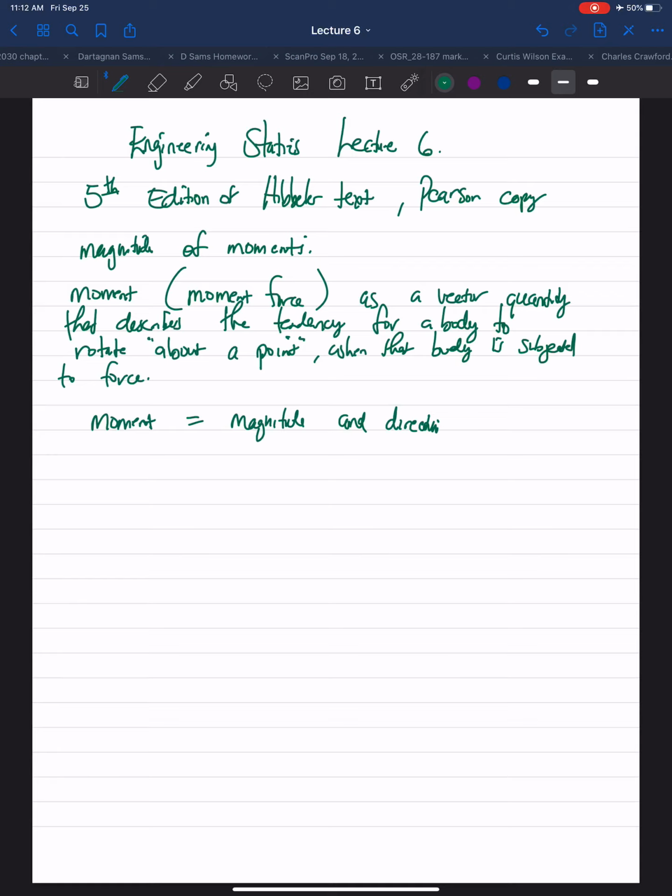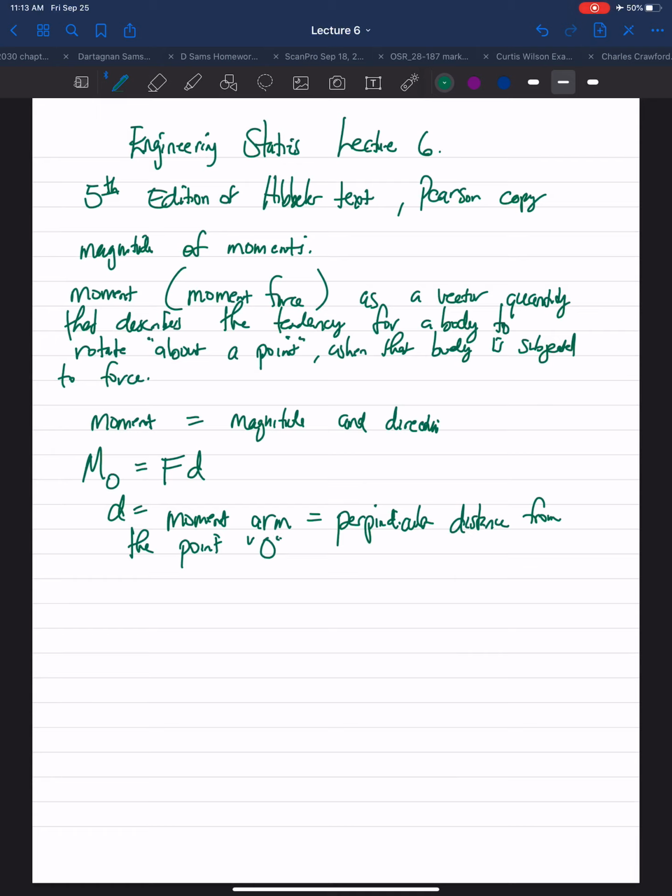The magnitude of the moment about a point, and we said typically we'll call the point O as in the origin, so capital M subscript O is the applied force that's causing the rotation times d, which is our moment arm, which is the perpendicular distance from the point, in our case O, to the line of action of the force F.